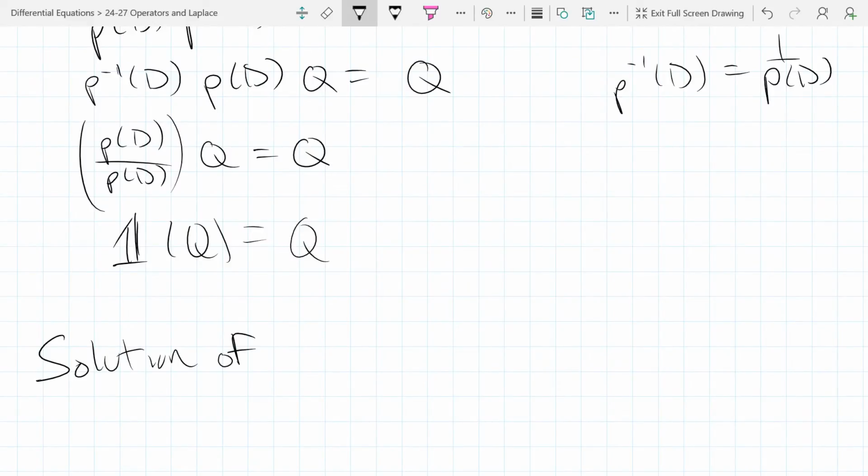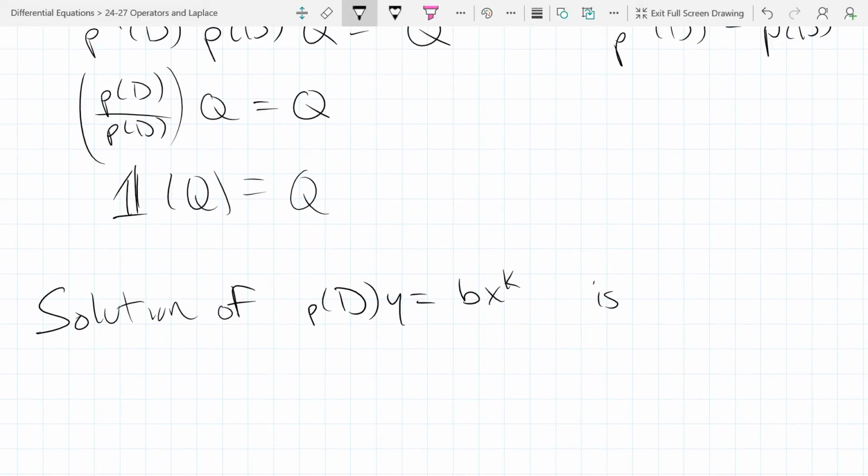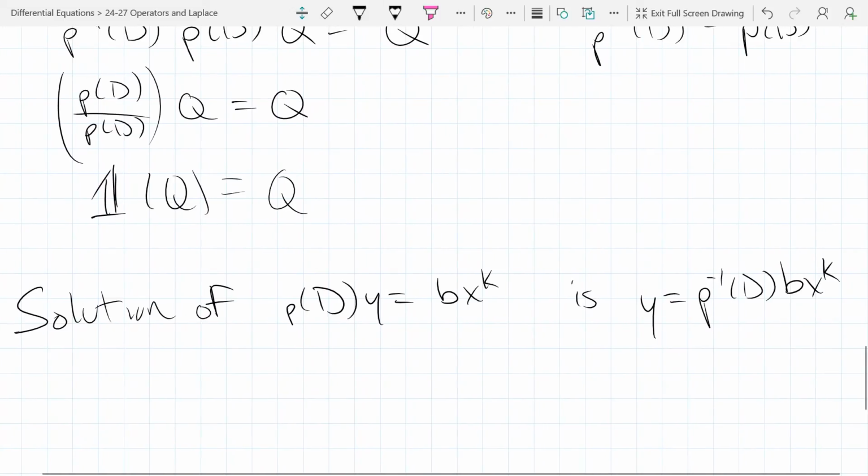So solution of, oops, it should be P of D. It's very tempting to put the word obviously at the end of that sentence.